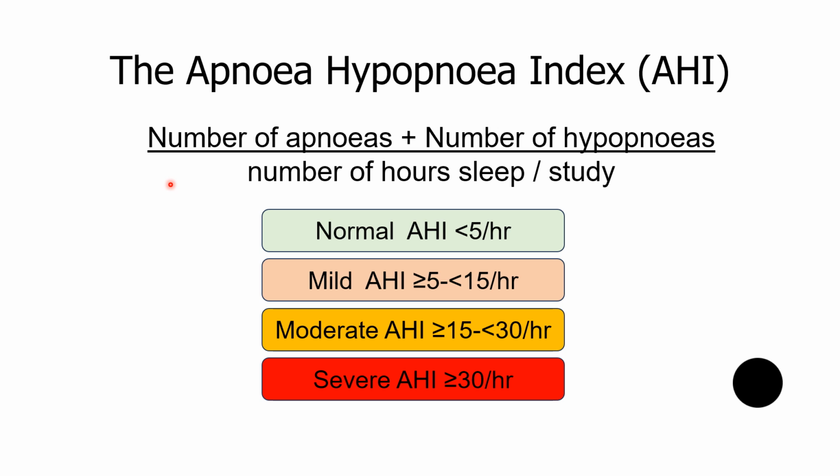So somebody with a very mild sleep apnea on their AHI can be very symptomatic, and equally we can get people with a very severe AHI who don't report much in the way of symptoms at all.